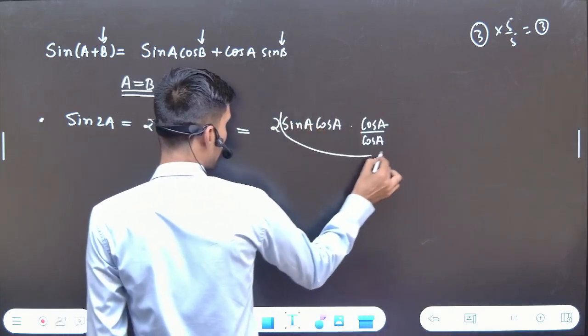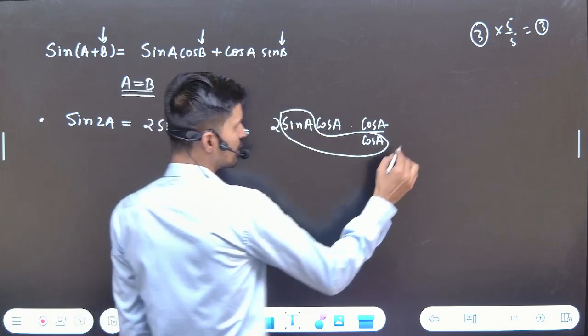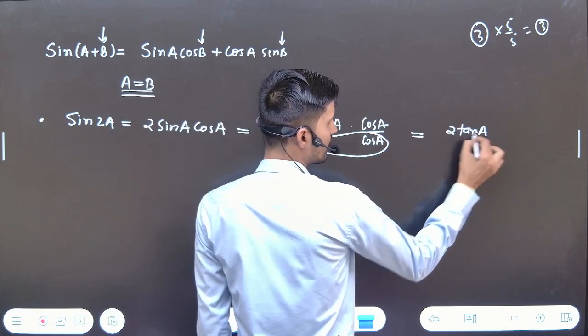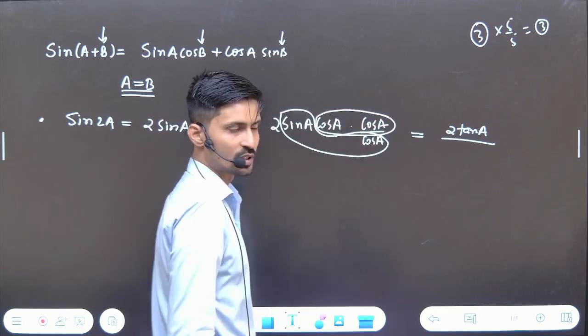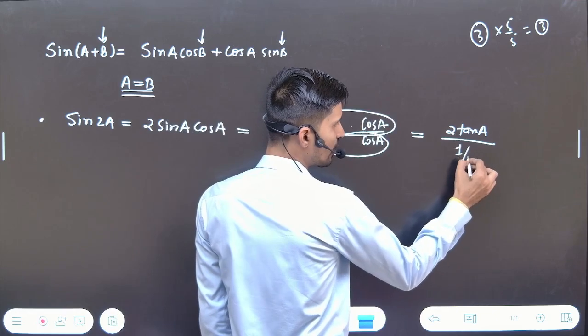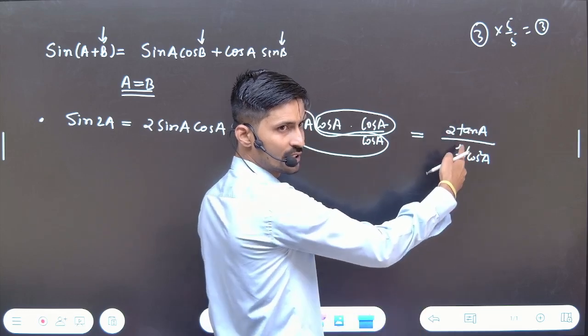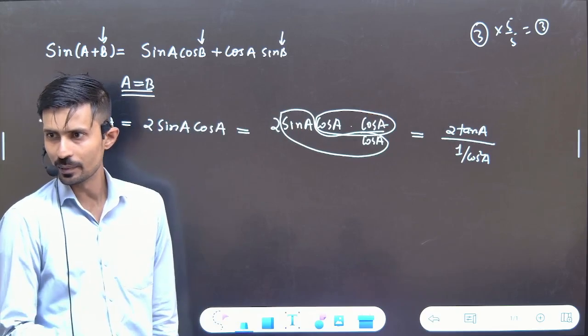So now what will this become? Sin A by cos A will become tan A, so I write 2 tan A. And cos A into cos A will become cos square A. Can we write 1 by cos square A? The numerator goes into the denominator's denominator.